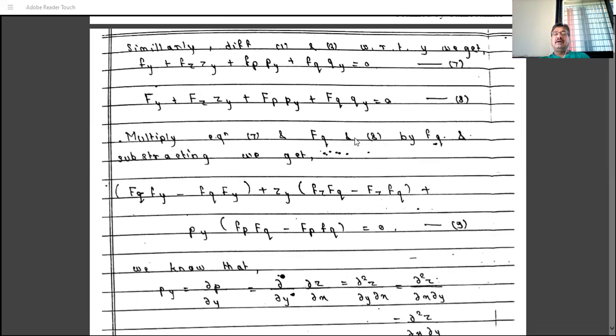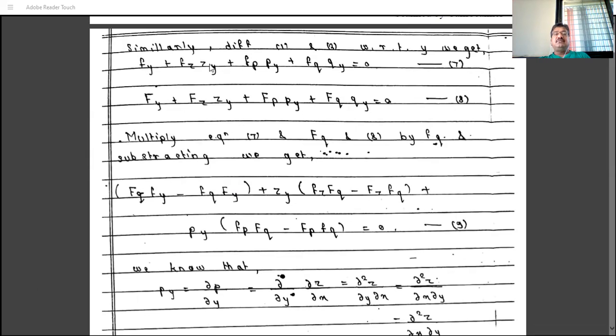Now we have to eliminate this term. So multiplying equation 7 by capital F of q, and equation 8 by small f of q, and subtracting, we get this term as 0. Then fq fy, because we multiply this by fq, so fq capital Fy minus small fq fy.